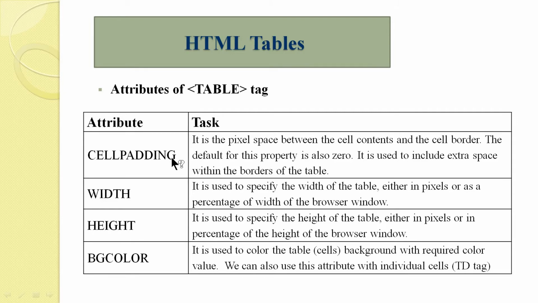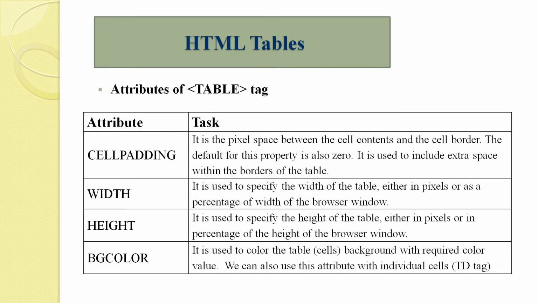It is used to provide the space between the cell content and the cell wall. Here the cell wall is nothing but the cell border and this can be set in terms of pixel format. The default for this property is 0 and it is used to provide extra space within the borders of the table.